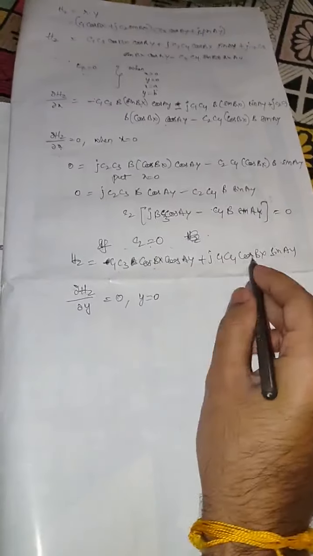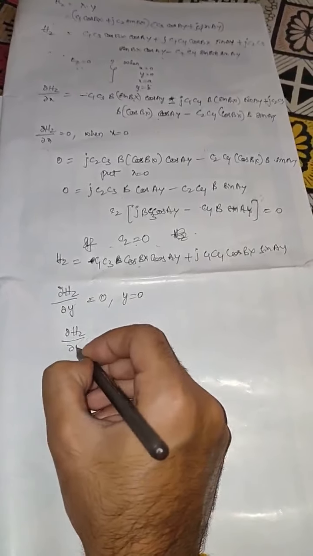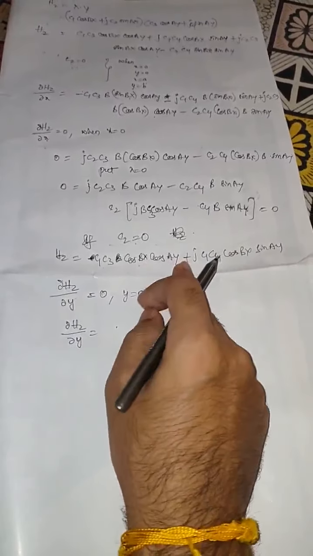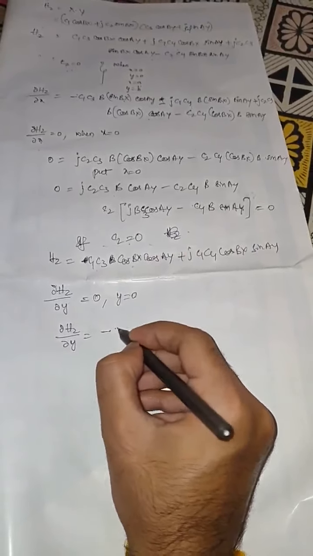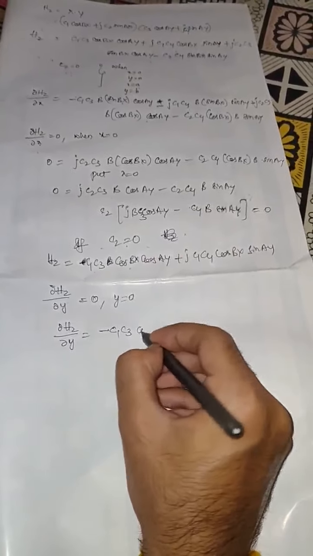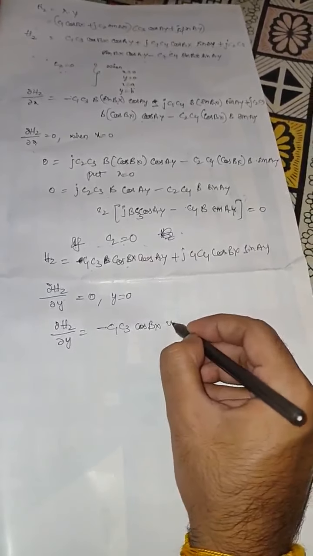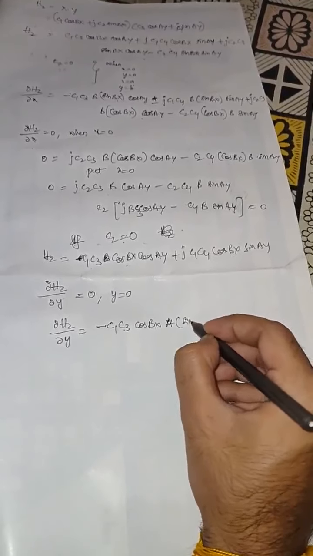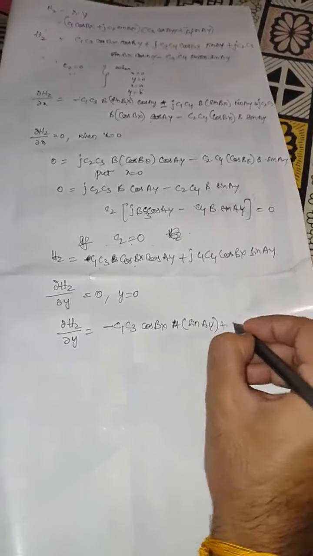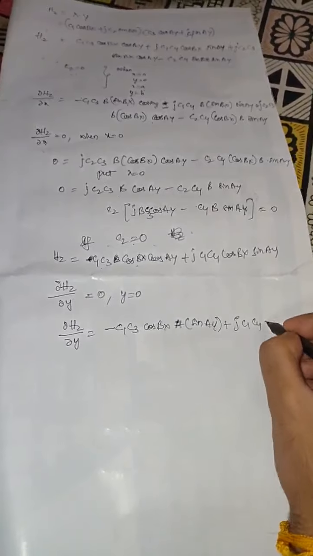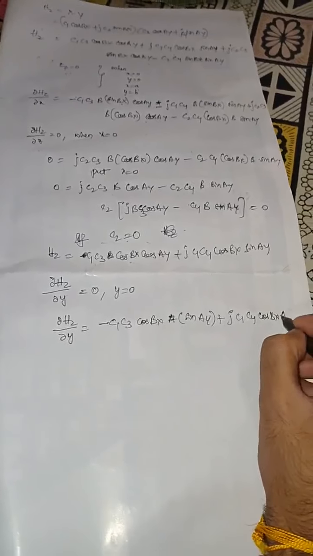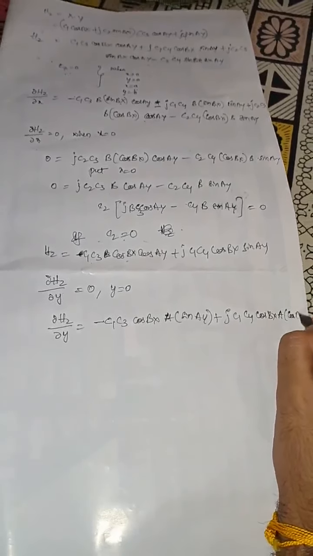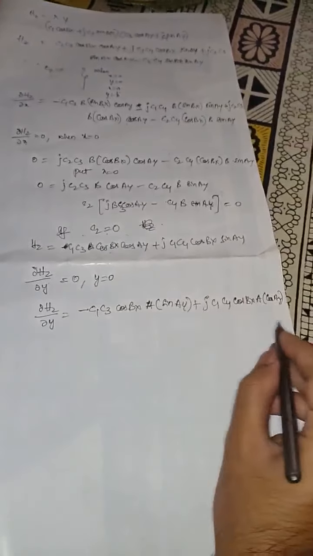So now differentiate this equation with respect to y. So ∂Hz/∂y is equal to two terms: minus c1 c3 cos bx multiplied with a sin ay, plus j c1 c4 cos bx multiplied with a cos ay. Okay, so this is the differentiation term.